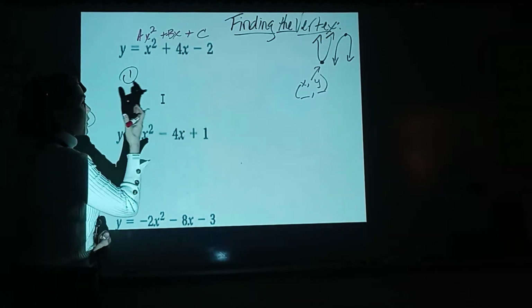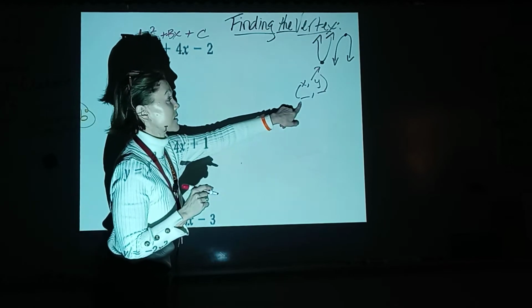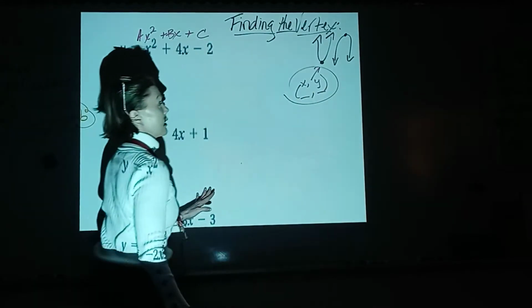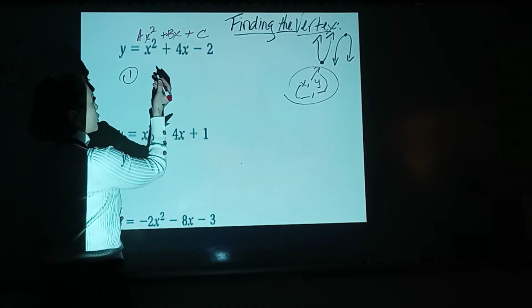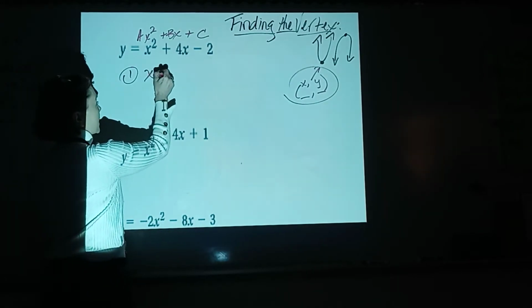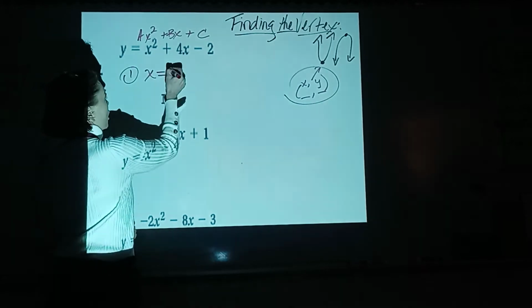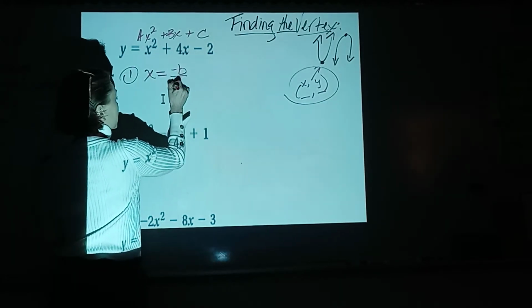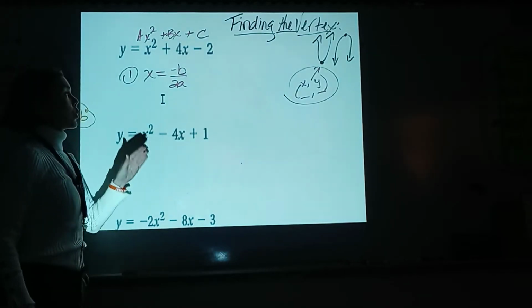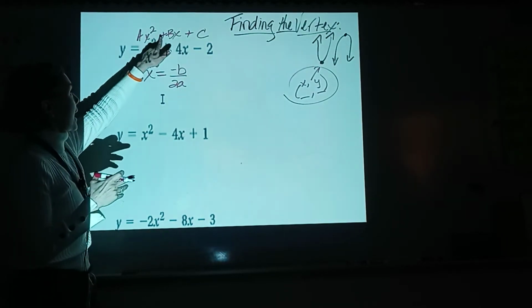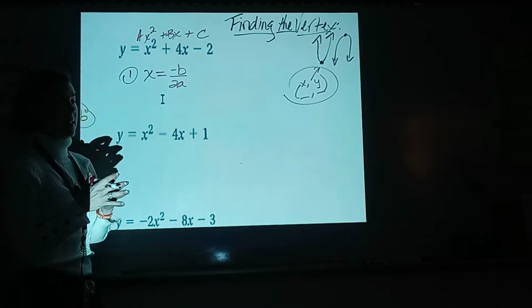So, in order to find the x of the vertex, the x value, we have to use a small little formula that you need to know: x equals negative b over 2a. Which is why I once again identified for you what is the a, what is the b, and what is the c.